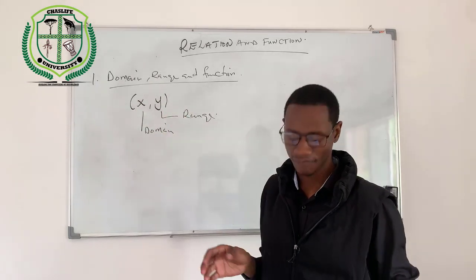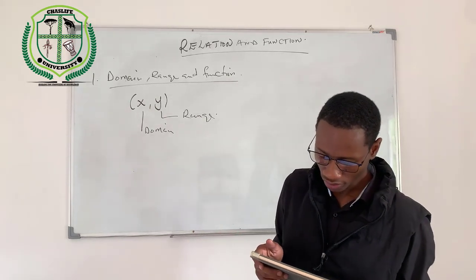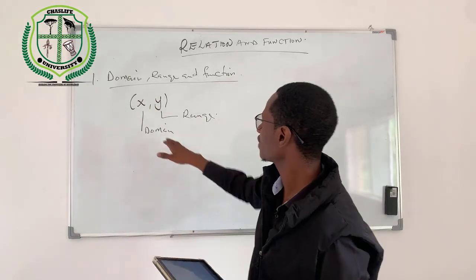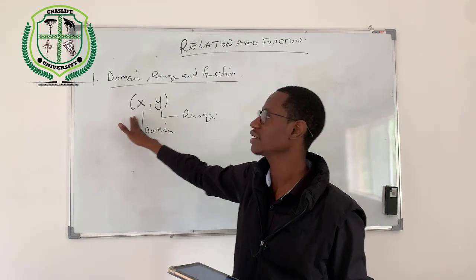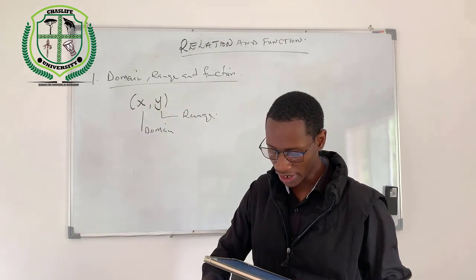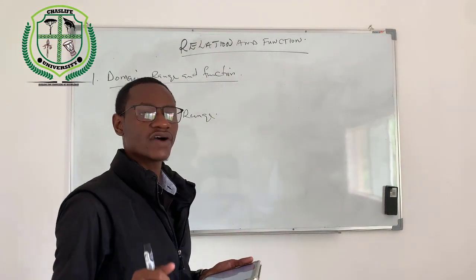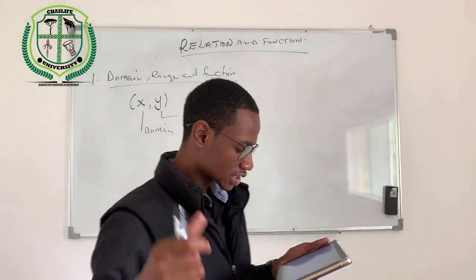Y is the set of pairs that explains the range. So the first component is always the domain, and the second component is always what we call the range. Let's go on to finding the range and the domain.